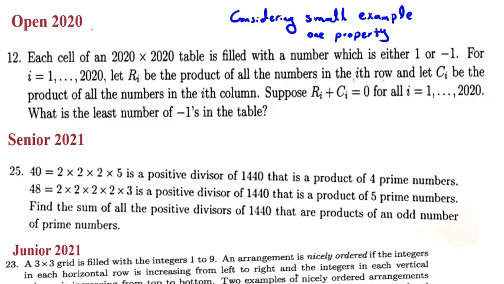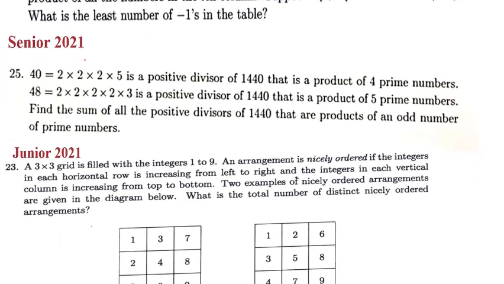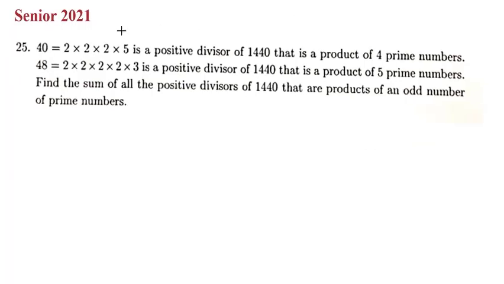Okay, we've solved this open section problem by considering a small example. Now I want to consider this senior problem, again by considering a small example. In this senior 2021 problem, last problem 25, let's read the problem. 40 equal to 2 times 2 times 2 times 5 is a positive divisor of 1440 that is a product of 4 primes.